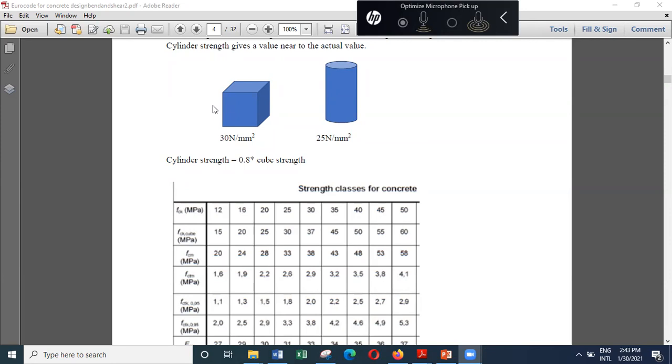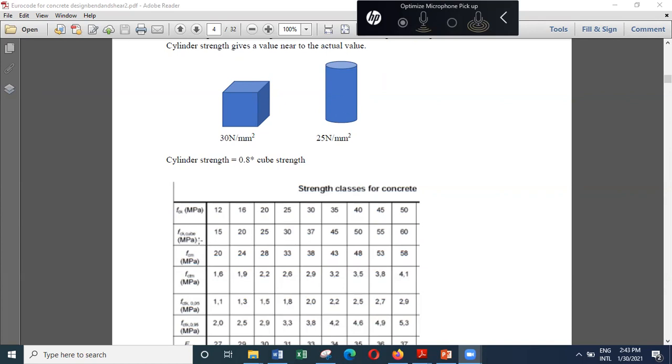Whereas when it comes to the cylinders, cylinder height is 300 millimeters. Here it's only 150. So because the height of the cylinder is 300 millimeters, the effect of these platens or the steel plates would be less. So you tend to get the actual strength in cylinder testing.